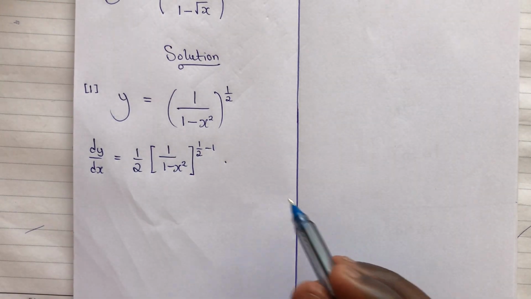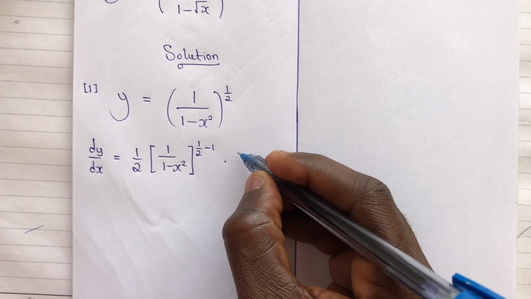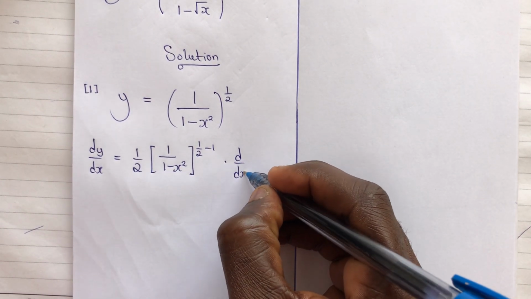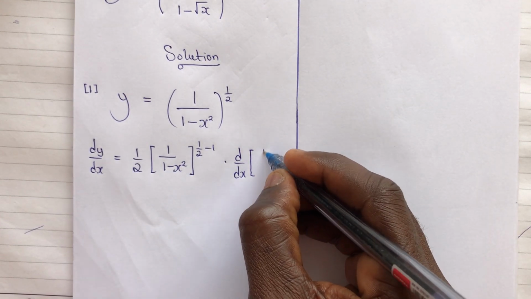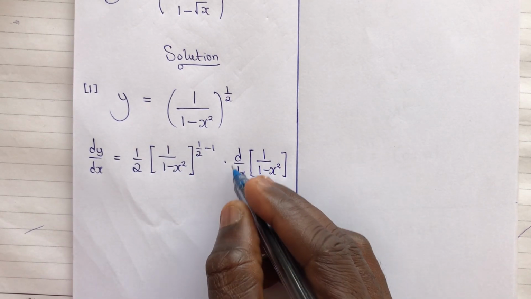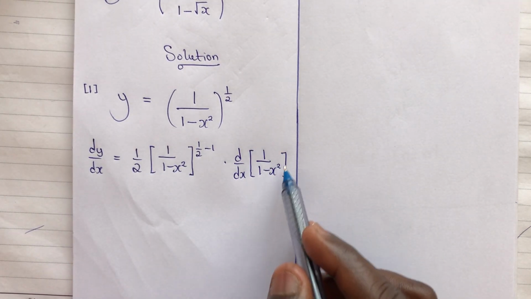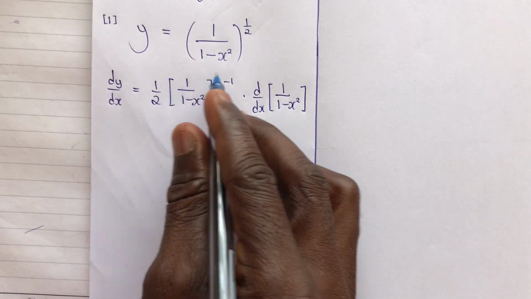Multiply this result by the derivative of the bracket. But I will not do that yet. I'll write derivative, I'm differentiating the bracket with respect to x. So 1 over 1 minus x squared, this you are seeing here means I'm about to differentiate this side. Now, in the next step, we simplify this side.